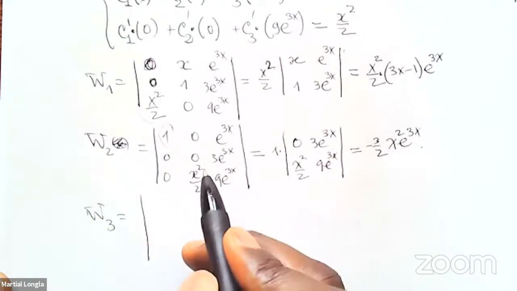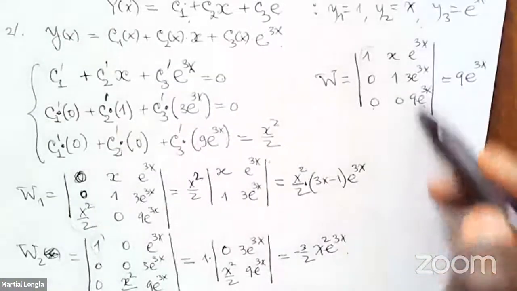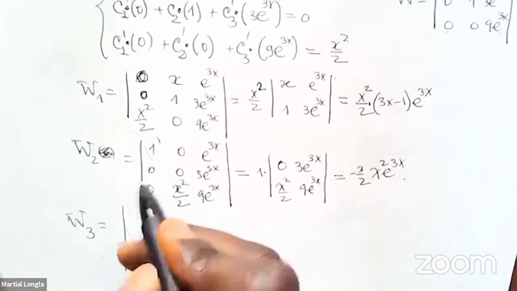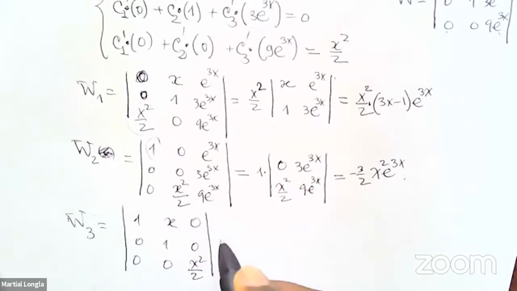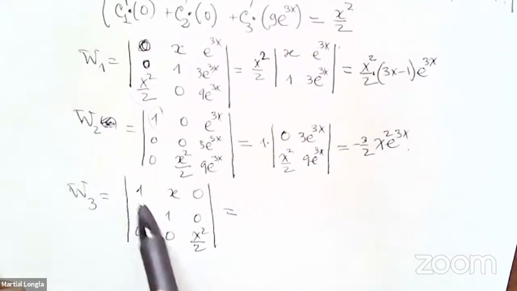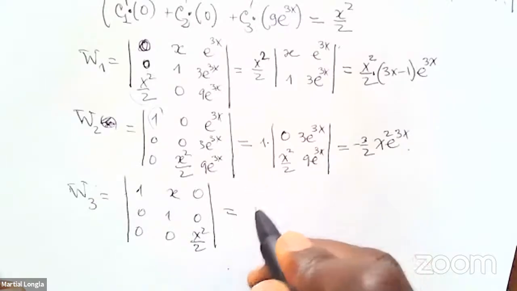And then you find W3. Replacing the third column by the right-hand side, and that's the third column. All other columns remain same, so that's 1, 0, 0, x, 1, 0, 0, 0, x squared over 2. And because all numbers below the diagonal are zeros, this W equals the product of the numbers that you have there.